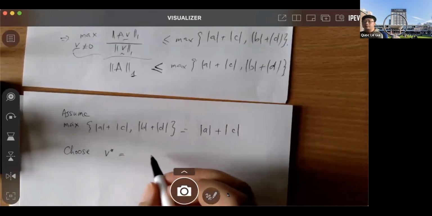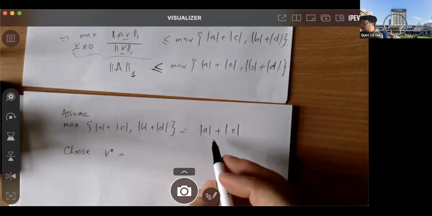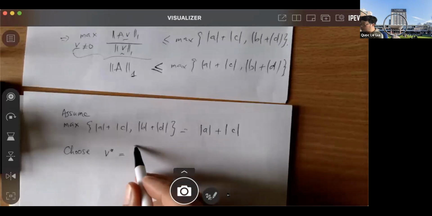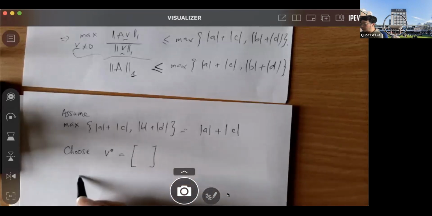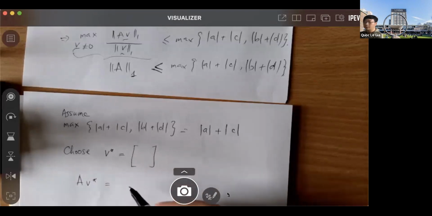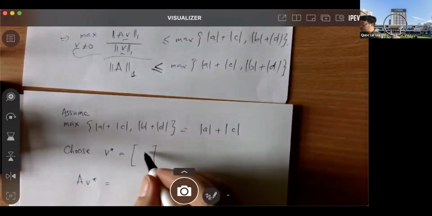I want the absolute value of A. Okay, so maybe vector B. So choose V so that when I take AV, maybe this one is V star 1, V star 2, right?